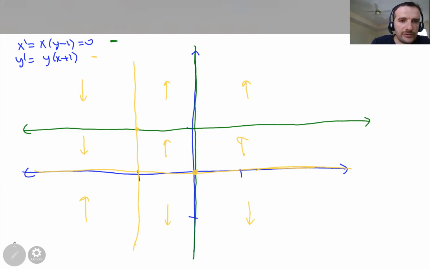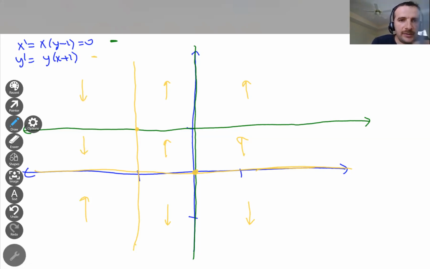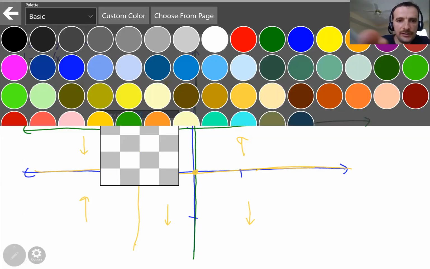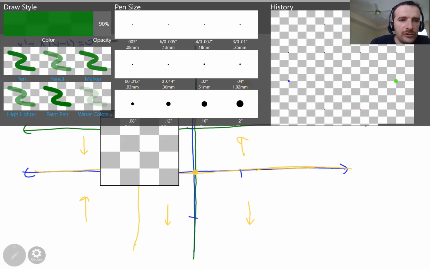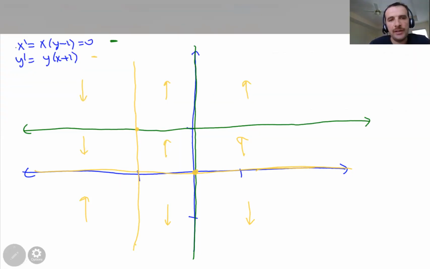And what about horizontally? Let's pick our color. Horizontal, I have to look at x prime, right? Because the horizontal direction is decided by x coordinate, right? And these are, again, the null lines. And the null lines are dividing the whole plane into 4 regions, again, similarly. Here, here, here, and there.